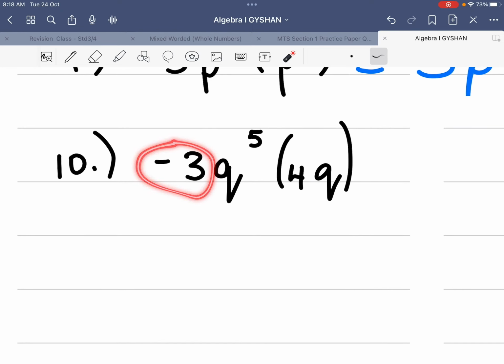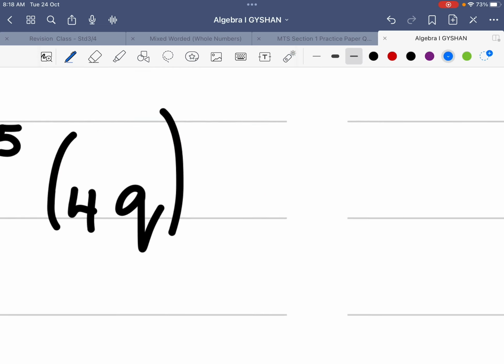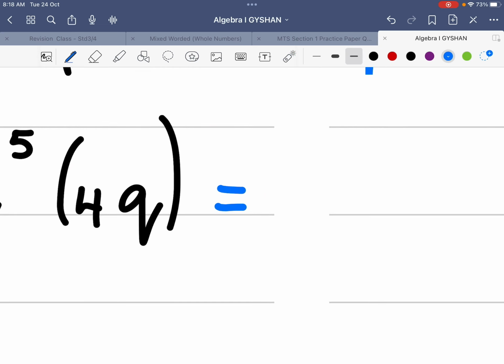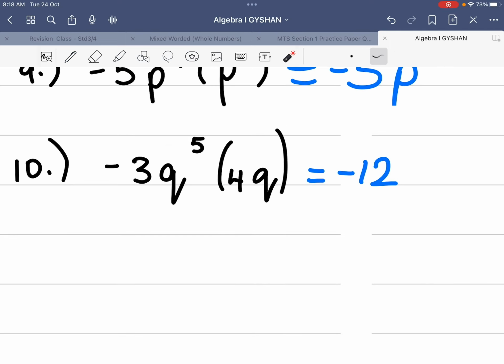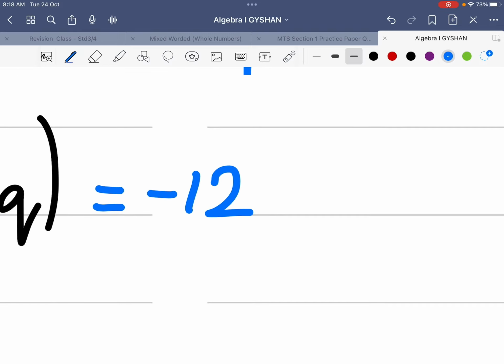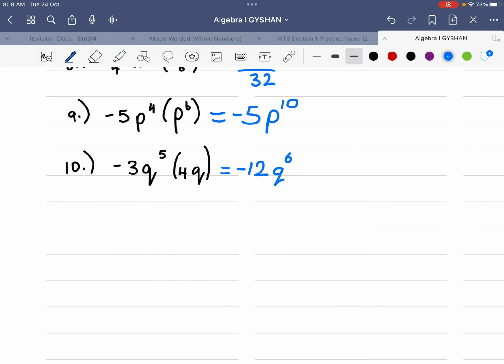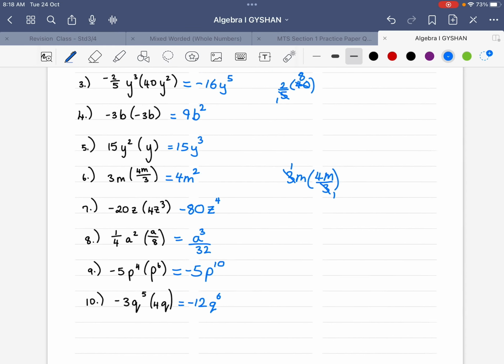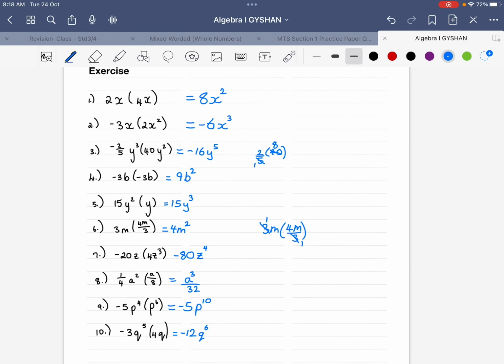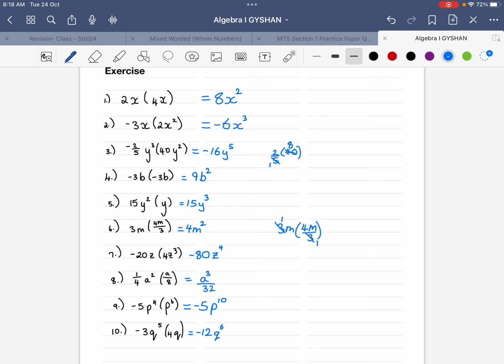Negative 3 multiplied by 4 is negative 12. Q to the 5 multiplied by Q is Q to the 6. So you can feel free to take these down now. Then we will do a few examples and then you will try some questions on your own.